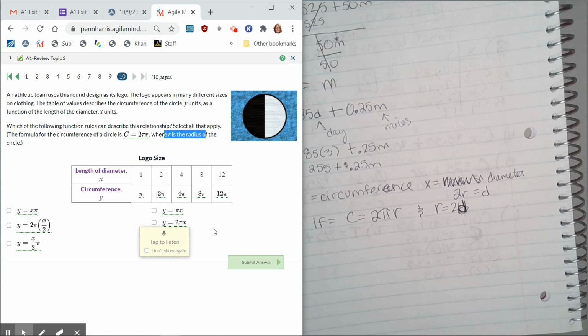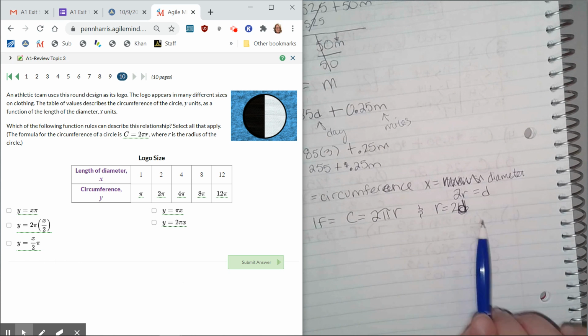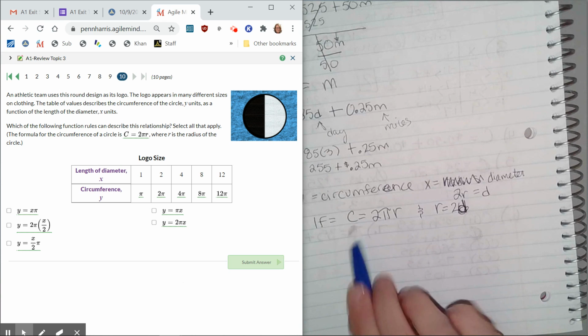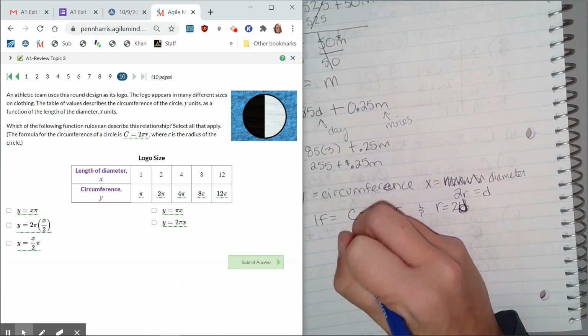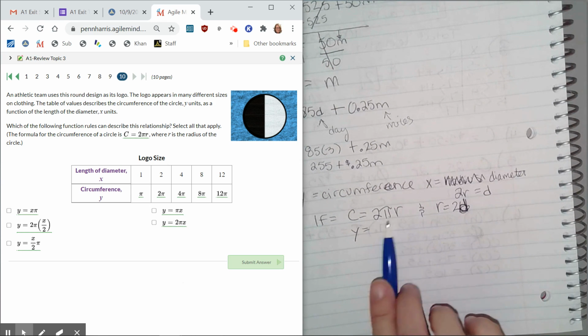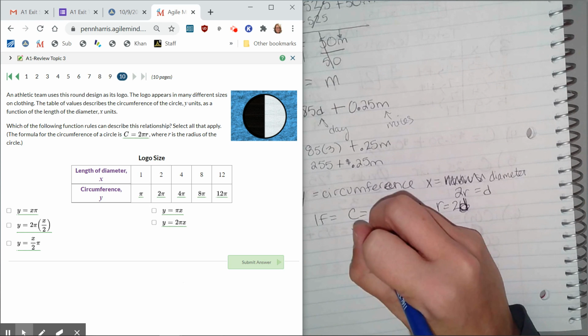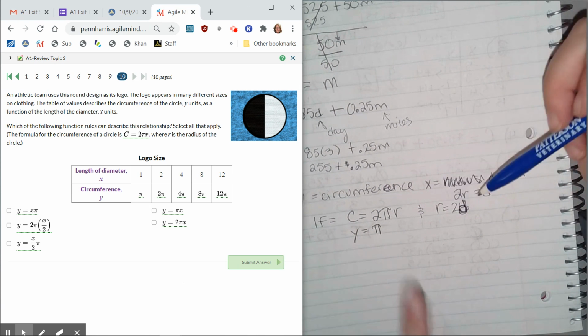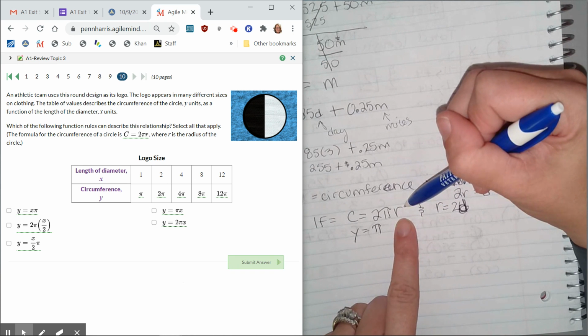They want to know which of these equations will work, okay? So the first thing I need to do, I need to exchange my c for a y. We know my pi is in the problem, okay? But now we need to talk about this r, okay?